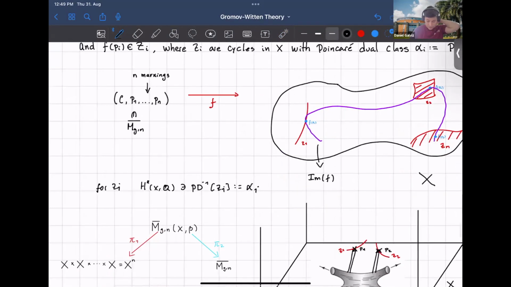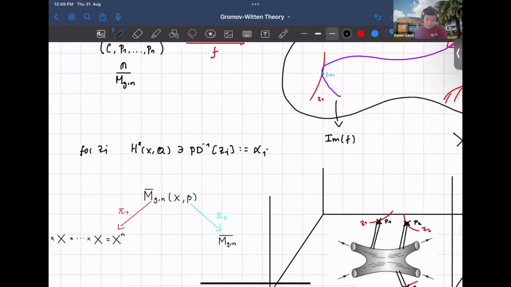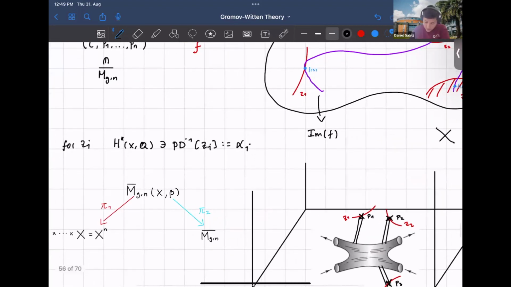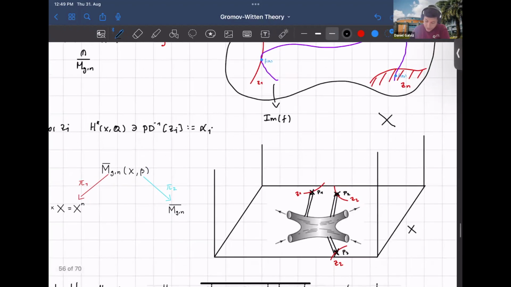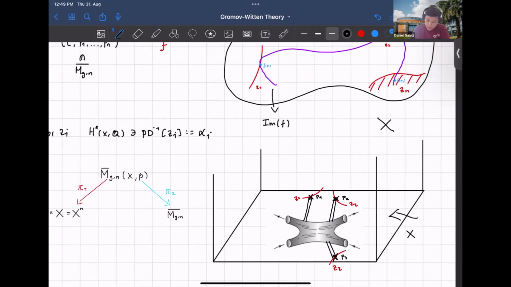So okay, we have this map, and what is this in our string theory picture? We have space-time of dimension 4, then you have the regions which are Calabi-Yau, and then you have these Riemann surfaces that you have here.